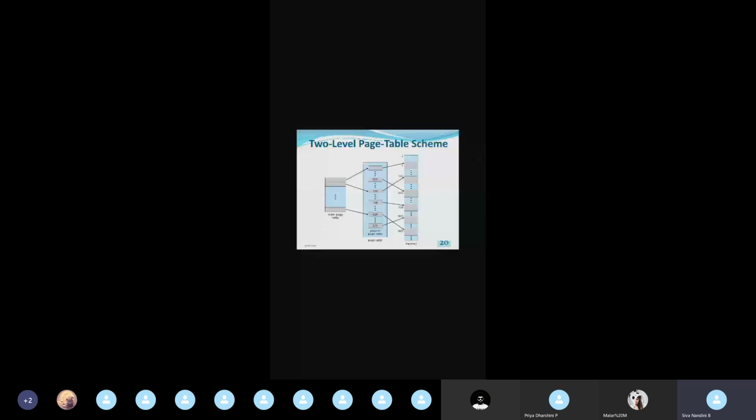In the previous single page table we saw frame numbers. In this outer page table, for page 0 we have the location of where it is in the inner page table. So we'll be having an outer page table.